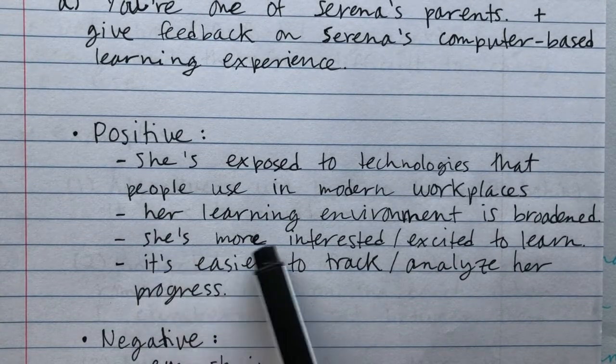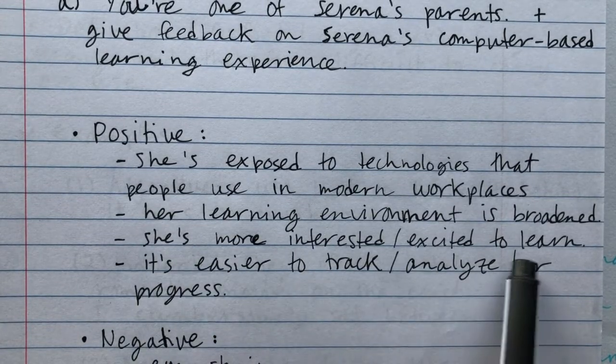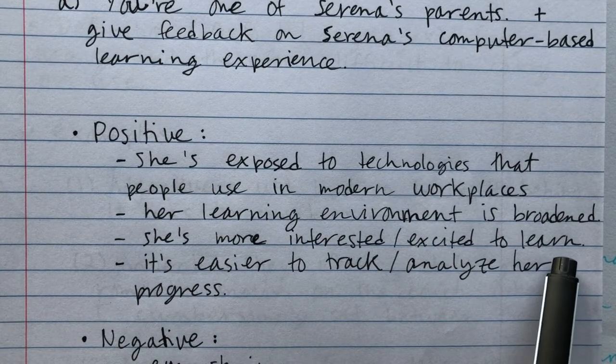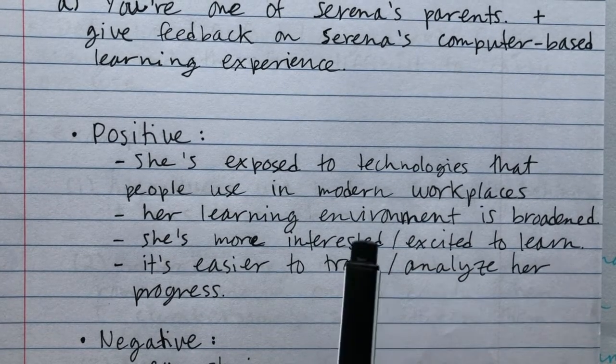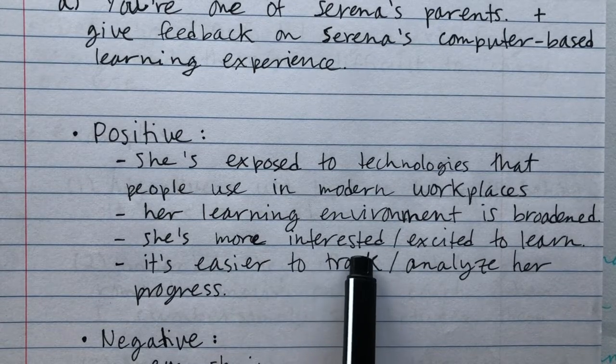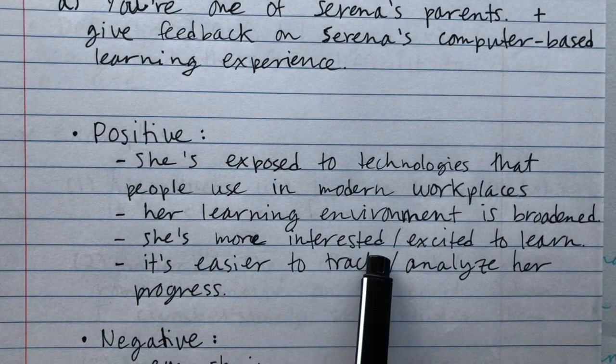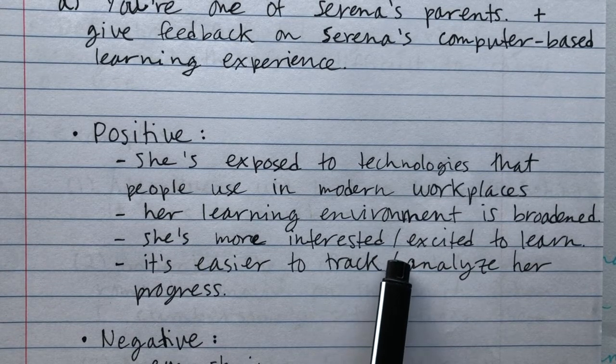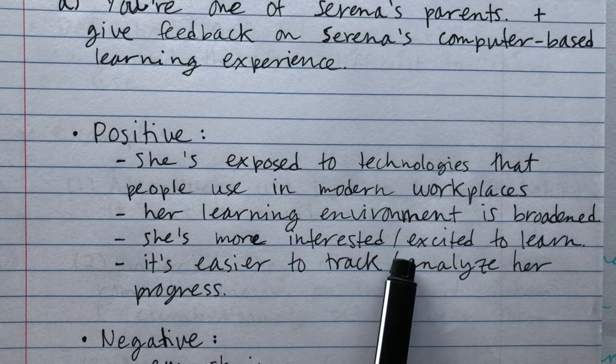Third point, she's more interested and excited to learn. So you could argue that, since it's technology, kids are more fascinated, because a lot of kids find a book boring. You can't do much with a book. A book doesn't make sound. It doesn't change color if you wanted to. You can't really personalize a book that much.